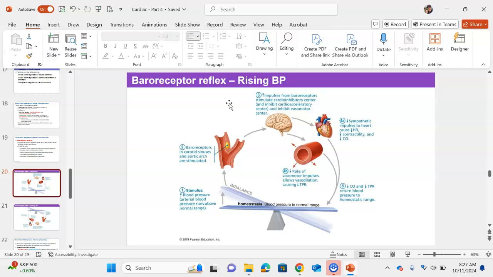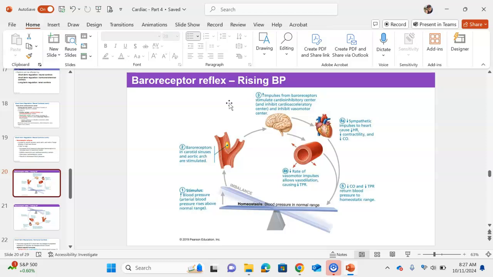Okay, so let's quickly take those three individually. Stimulating the cardioinhibitory center is going to cause more parasympathetic impulses to go to the heart, which is going to lower the heart rate. Inhibiting the cardioacceleratory center means fewer sympathetic impulses to the heart to lower the heart rate and actually decrease contractility as well.